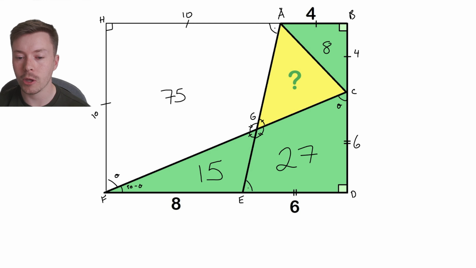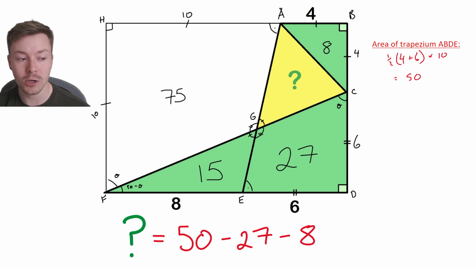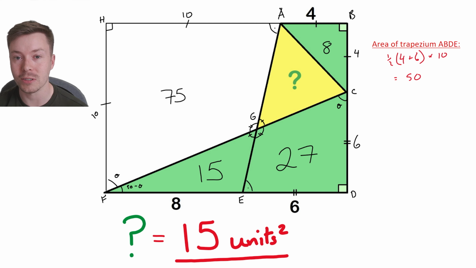The key part of the earlier working out, the bit that I knew that I wanted essentially from the start, was the area of the trapezium, this right hand trapezium, because I've got two green areas and one yellow area in there to make the area of that trapezium. So the final bit of my working out is this area 50, take away my 27, take away my 8, and that gives me a final answer of 15 units squared, which is the yellow area.